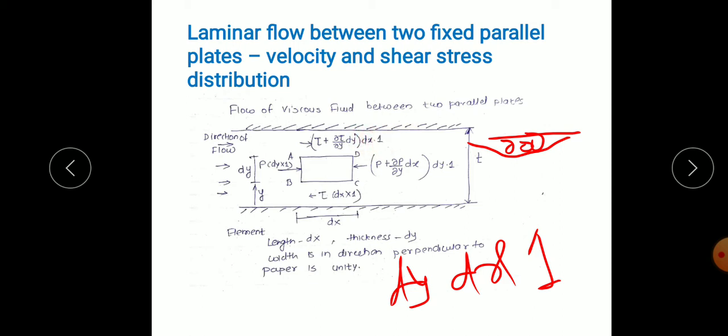So force is taken as pressure into area and stress into area.